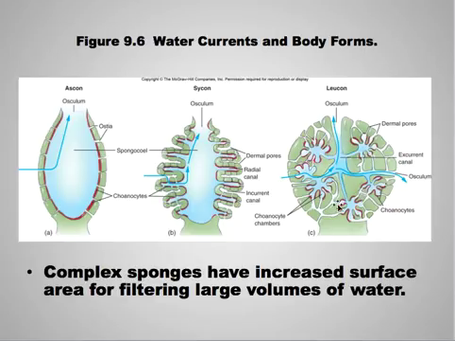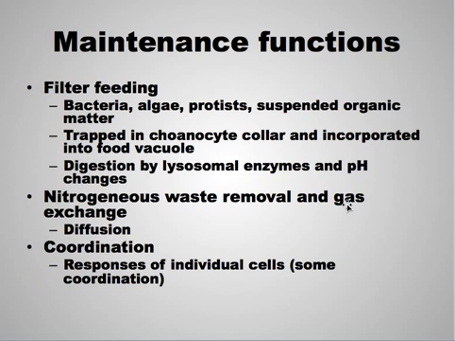In this structural form, they're maximizing efficiency of water filtering. This sponge form is what people are going to think of when they see an actual sponge. A household sponge, that's what they're based on. Of course, most household sponges are synthetic, but that's what the original ones were based on.